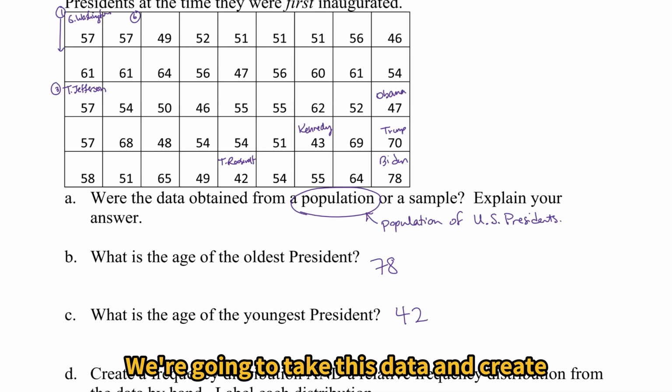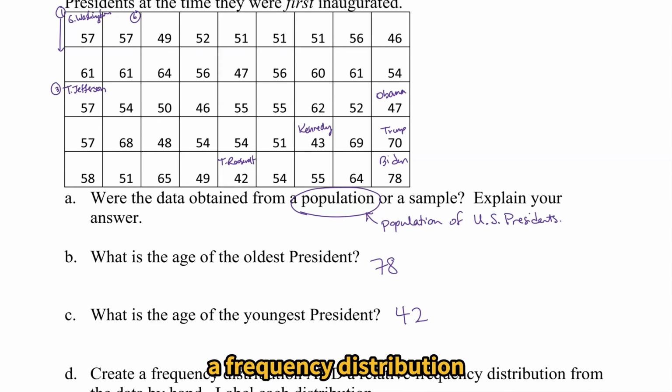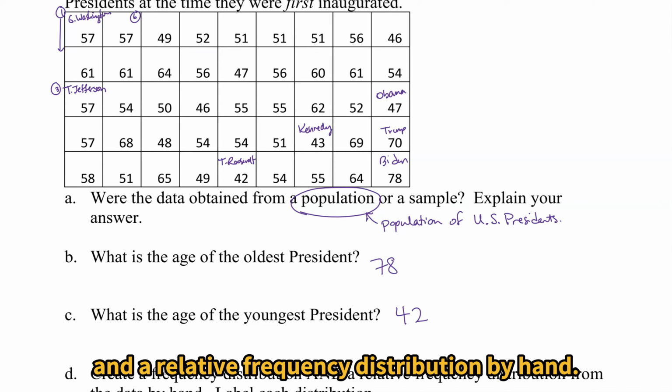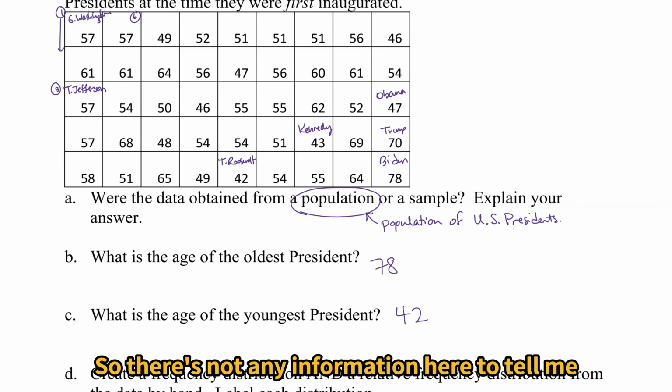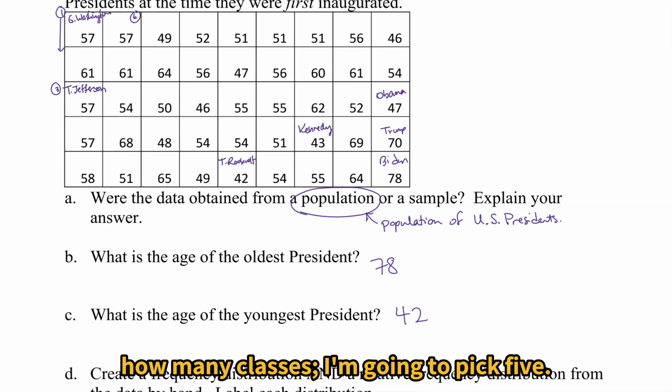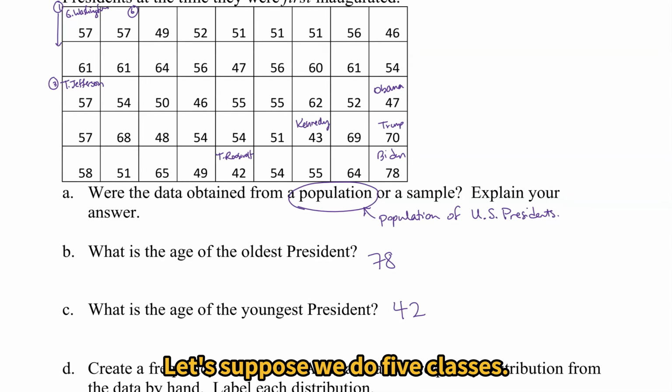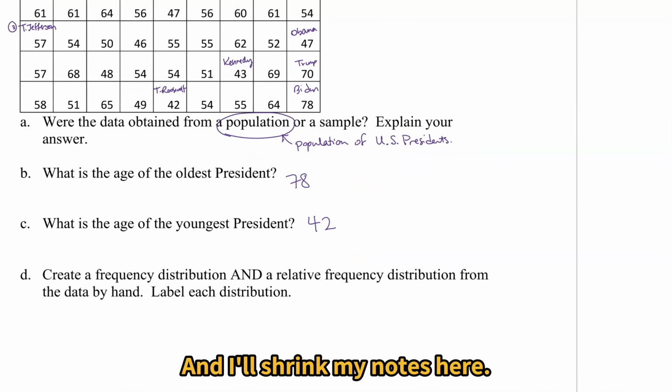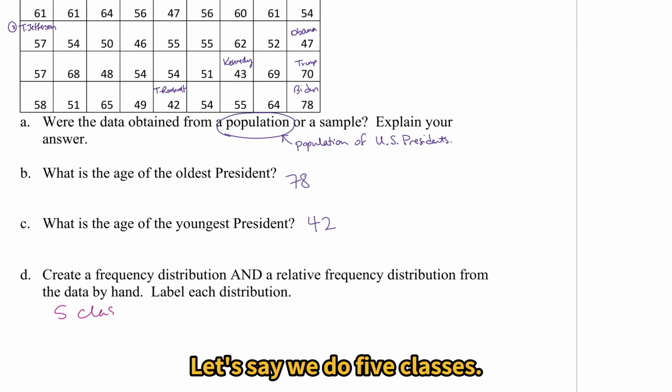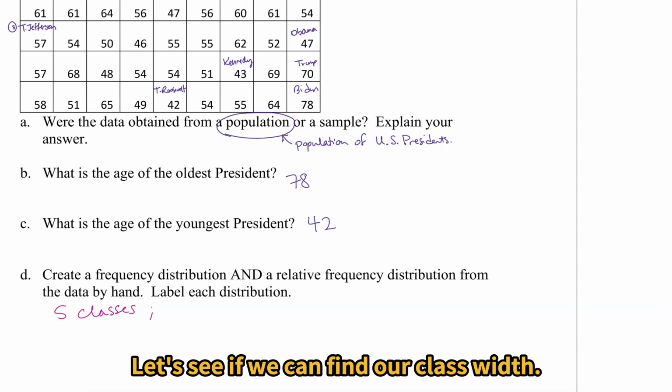We're going to take this data and create a frequency distribution and a relative frequency distribution by hand. There's not any information here to tell me how many classes, so I'm going to pick 5. Let's see if we can find our class width.